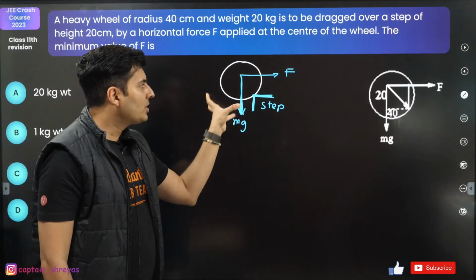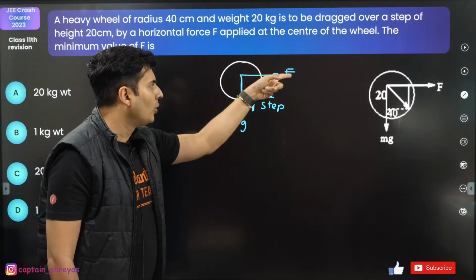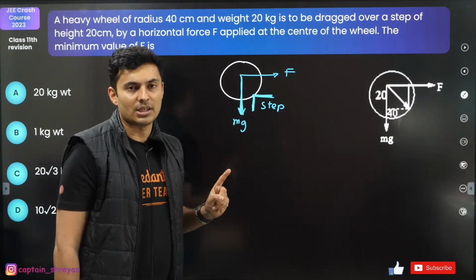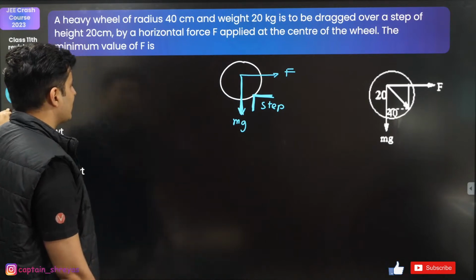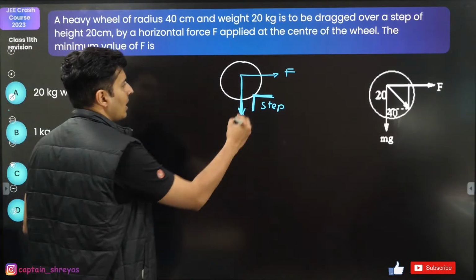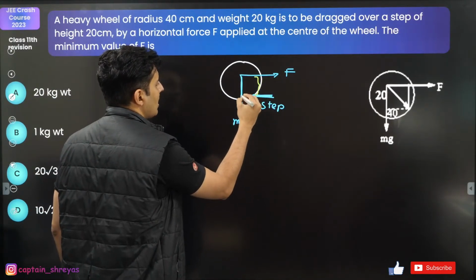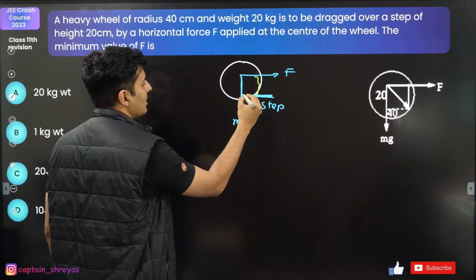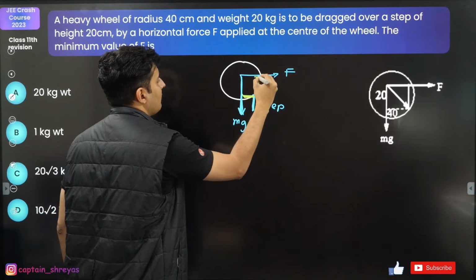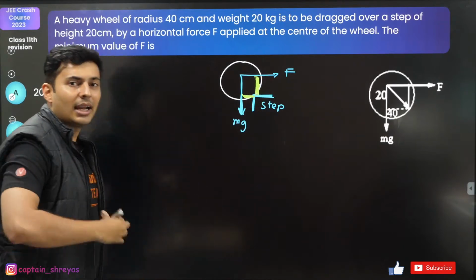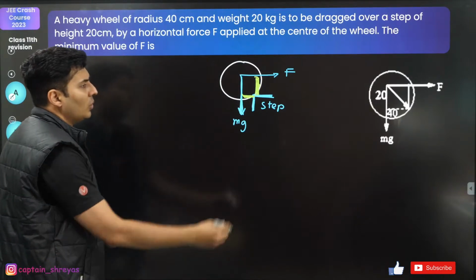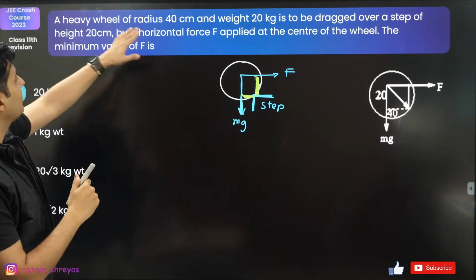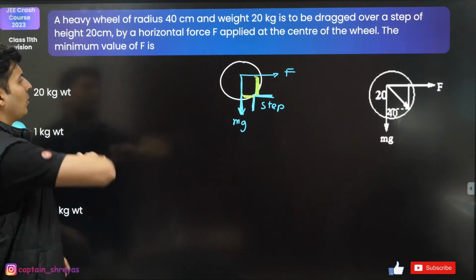If you want to just take it up, the torque of the force should be balanced by the torque of the mg. For that, I need to know how far is that force from that step, and how much is this distance. If I know these distances, I know the torque and I can solve the problem. The radius of the wheel is given and the step's height is 20 centimeters.